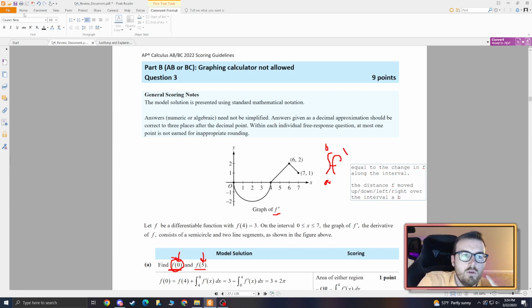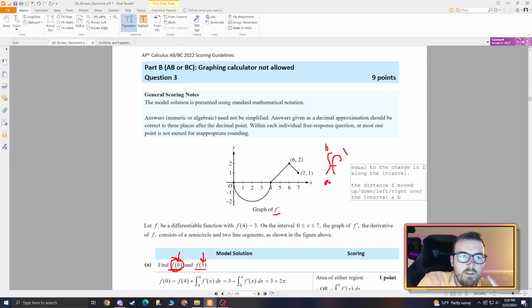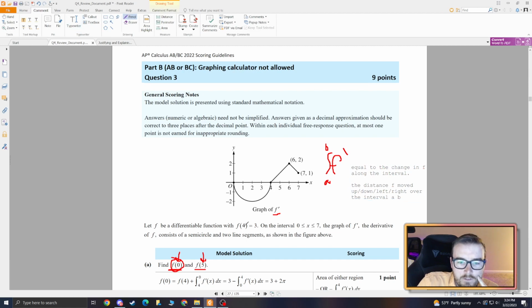Okay? So they told us this fact that f of 4 equals 3. So that means at t equals 4, f equals 3. If we take the integral from 4 to 5 of f prime, that's going to tell us how much it moved.